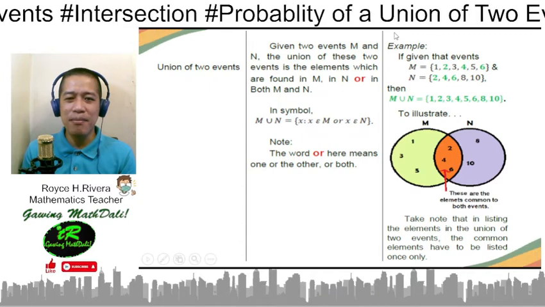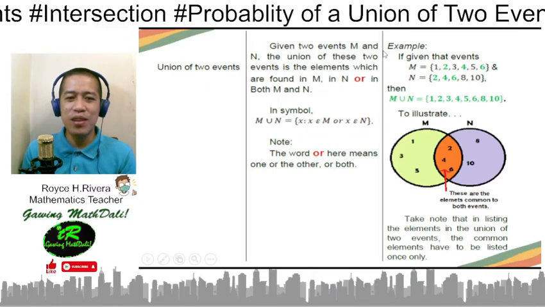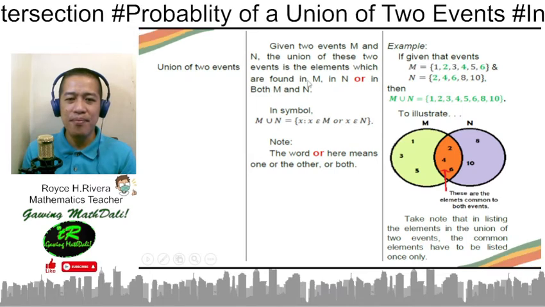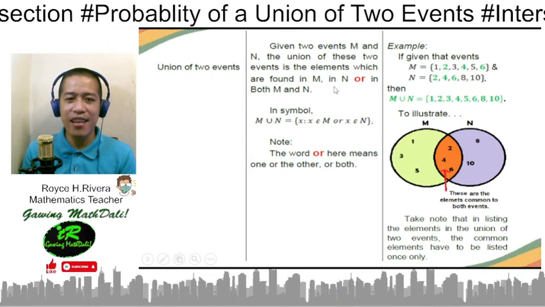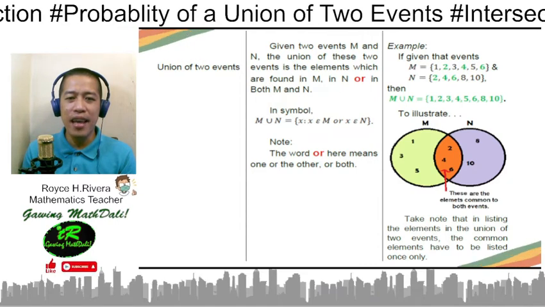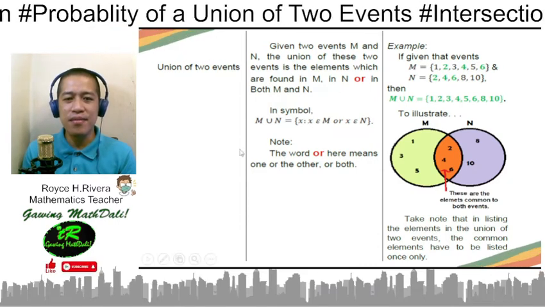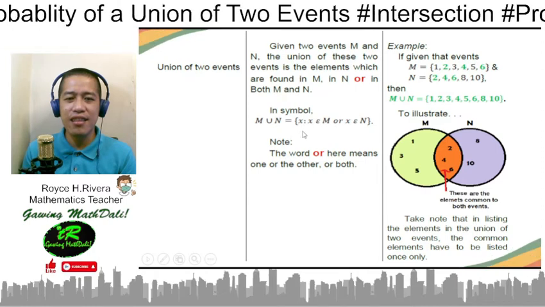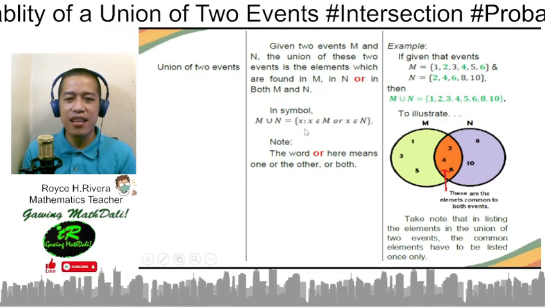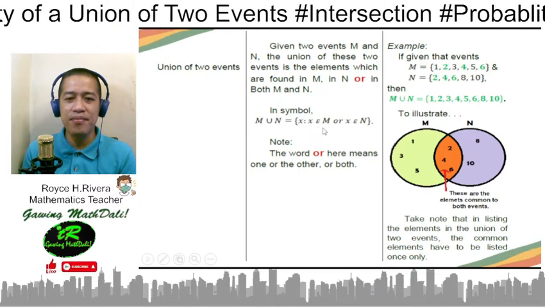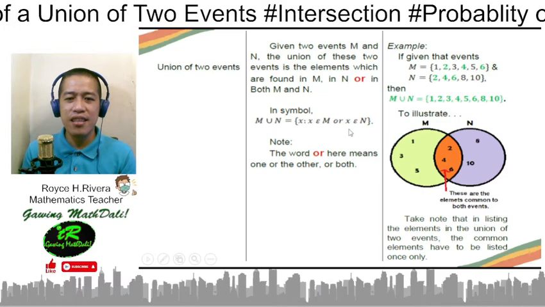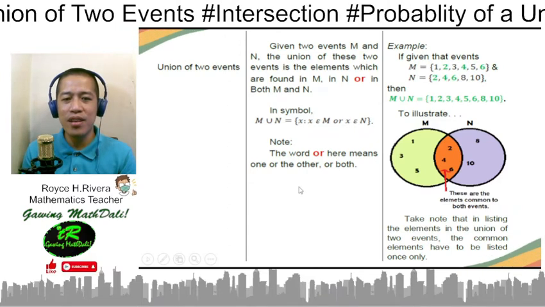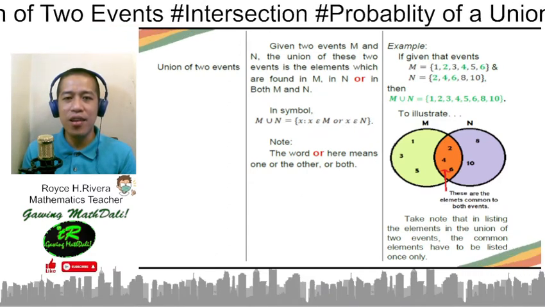Given two events M and N, the union of these two events is the elements which are found in M, in N, or in both M and N. In symbol, M union N is the set of X such that X is an element of M, or X is an element of N. So take note, the word or here means one or the other, or both.